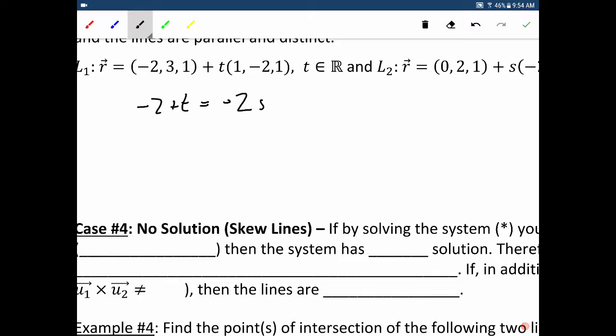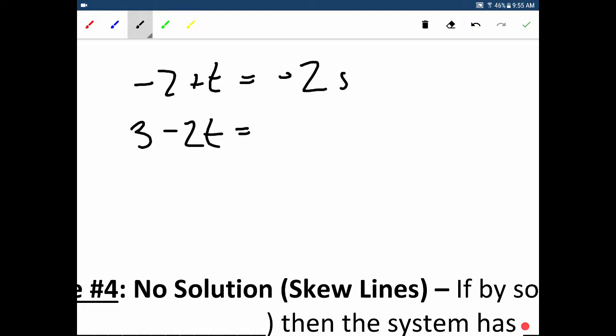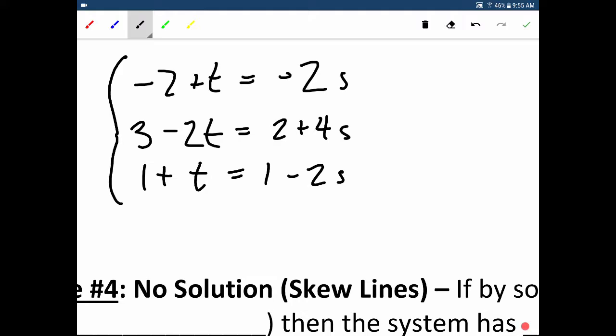And then we'll have 3 minus 2t is equal to 2 plus 4s. And finally 1 plus t is equal to 1 minus 2s. So that is our system of equations.